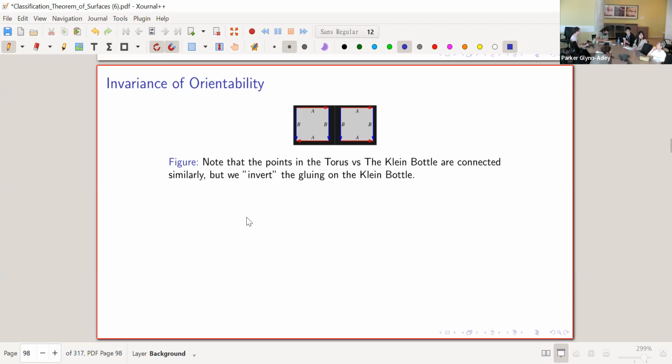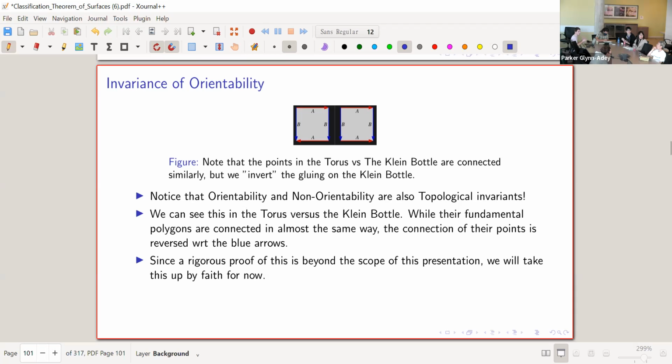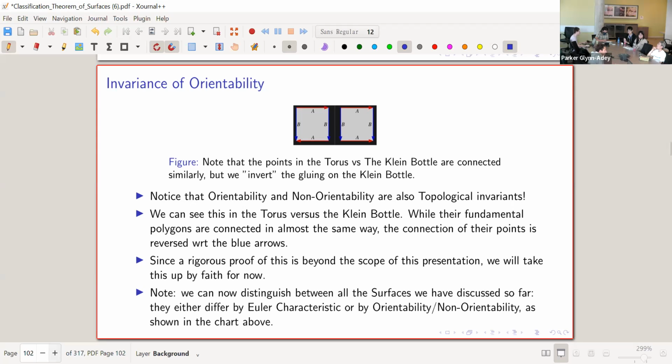Another invariant is orientability. So it turns out that if one surface is orientable and another is non-orientable, then they cannot be homeomorphic. So again, we'll take this on faith, but the idea is that when you reverse the orientation on a surface, so for example, here would be the torus, and then here would be, sorry, this is the Klein Bottle, this is the torus.